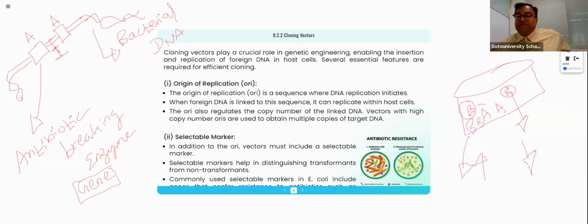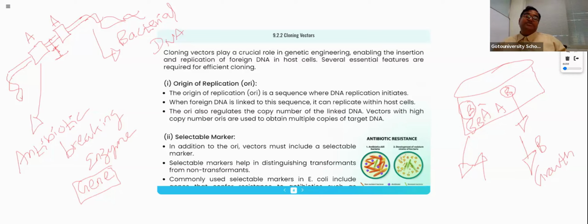Why is the bacteria growth very, very less in this place? Because that bacteria is struggling a lot in the antibiotic medium. Why is it struggling?